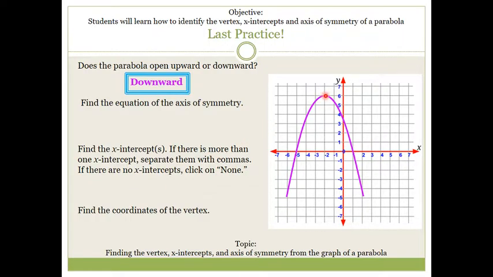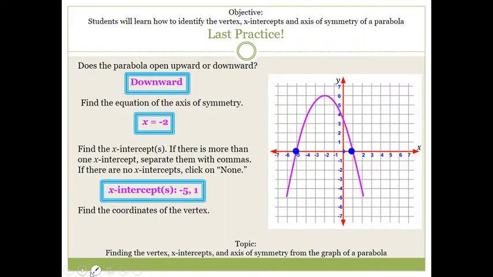The vertex here happens to be then a maximum. It's the highest point on the graph. The axis of symmetry is at x equals -2. That's the equation. The x-intercepts, well, there they are right there. They're both at -5 and 1.